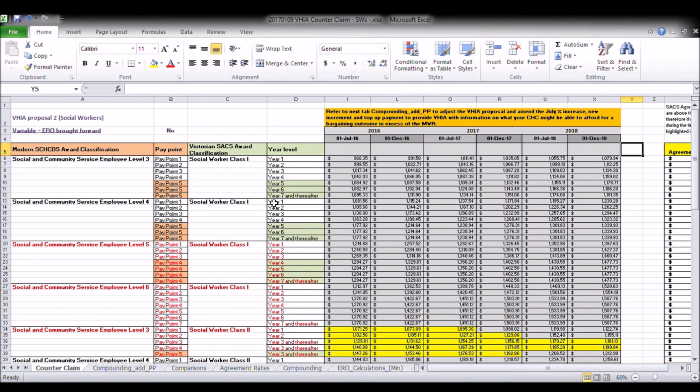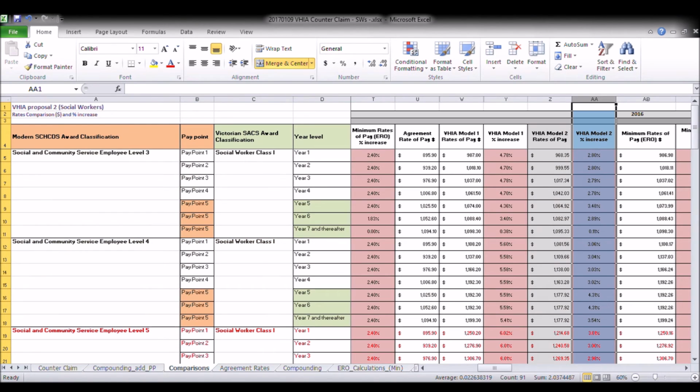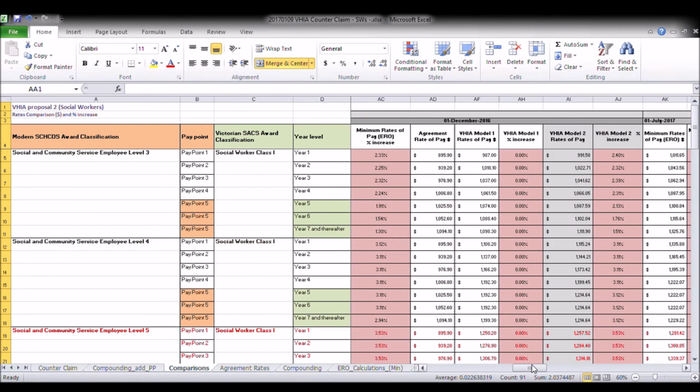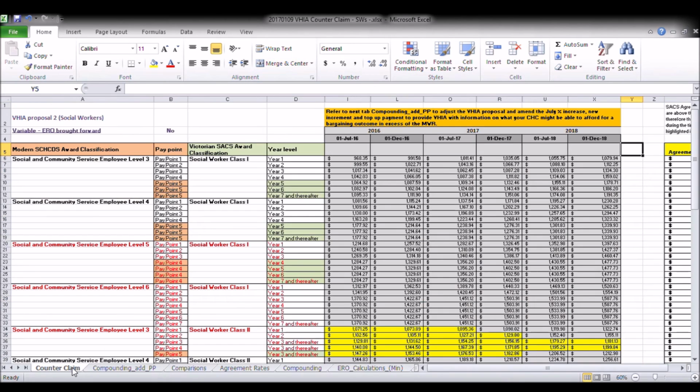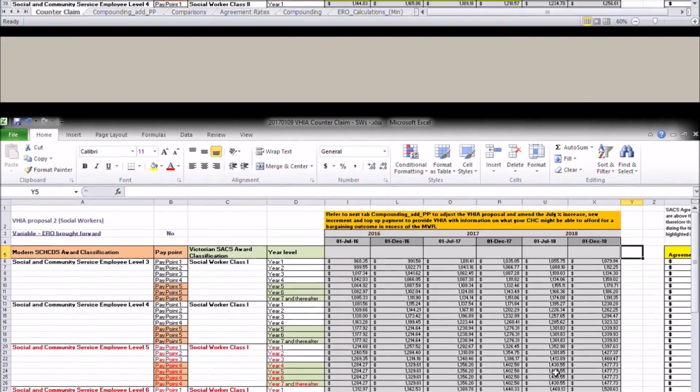And then if you go to the comparisons, the percentage increases would have changed. Again, it's important to note that if the agreement rates are higher than the rates set out in this proposal, community health centres will need to maintain the SACS agreement rates.